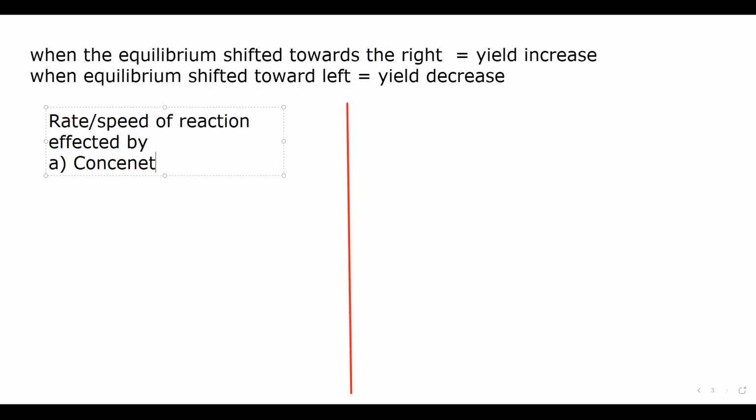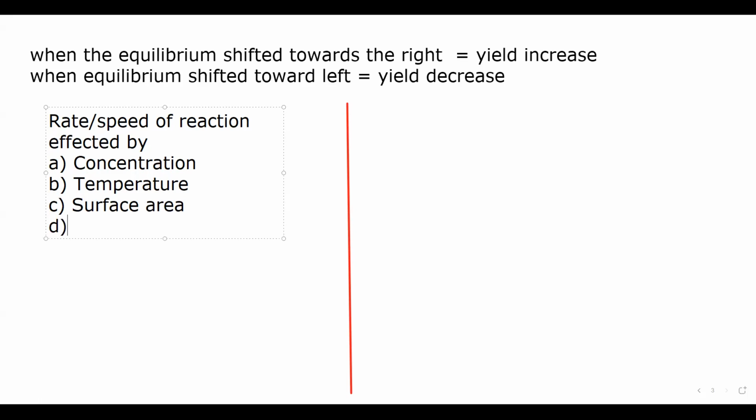If you increase the concentration, the rate will also increase. Second, if you increase the temperature, the rate will also increase. The third one, if you increase the surface area, the rate will also increase.